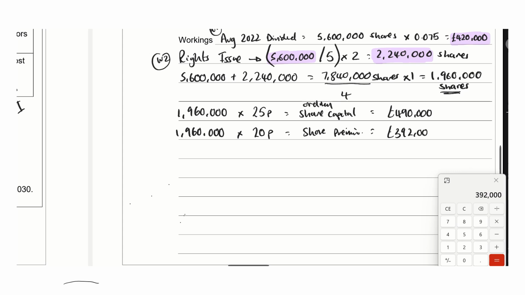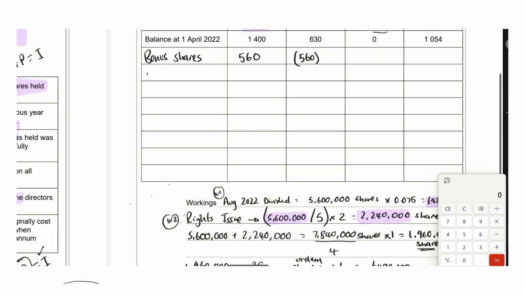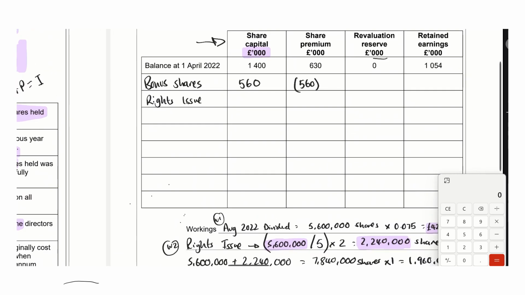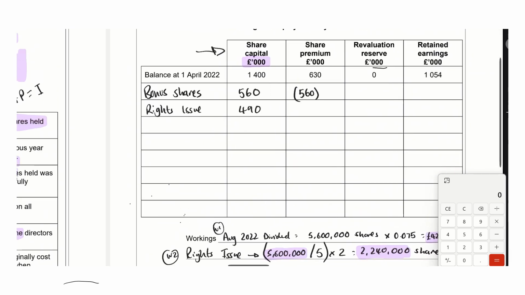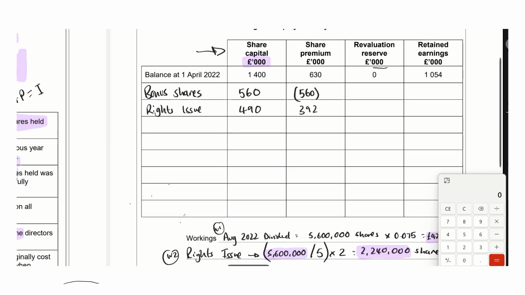392,000. Now, the way you write this is very different from the way you wrote your bonus shares in that first adjustment. So you would put rights issue here, and you put the ordinary share capital amount, which is 490 here, and then you put the share premium amount at 392 here.